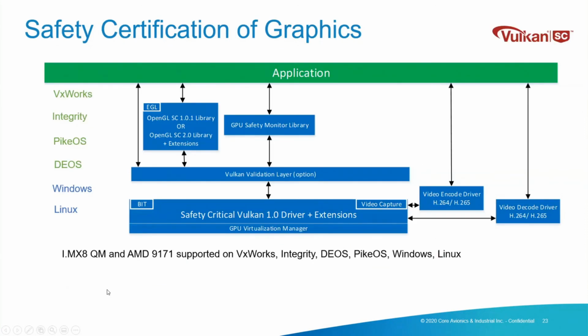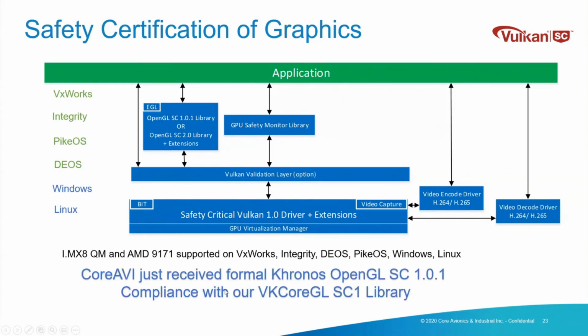So if we look at safety certification of graphics, this is what we have to offer for Vulkan SC. We can see we support a number of different OSs. We support OpenGL SC1, which has already been found to be compliant with the Khronos OpenGL SC1 specification. We haven't yet had this done for SC2, so that should be done by the end of the year. We could also add in TrueCore.